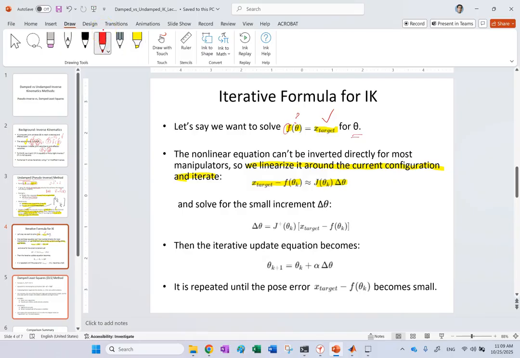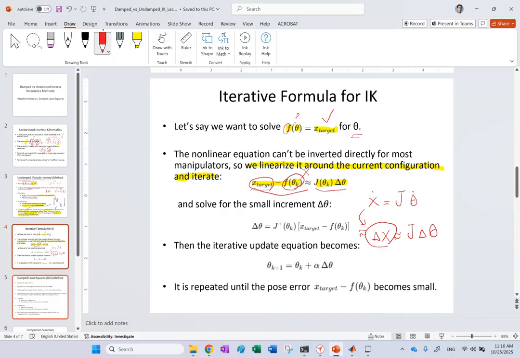Remember your velocity equations, where X dot equals J times theta dot. If the time steps are small, I can approximate this by delta X being approximately J times delta theta. This is exactly your delta X: the desired X minus the current X, and this is J times delta theta. So this is the linearized, approximate version.